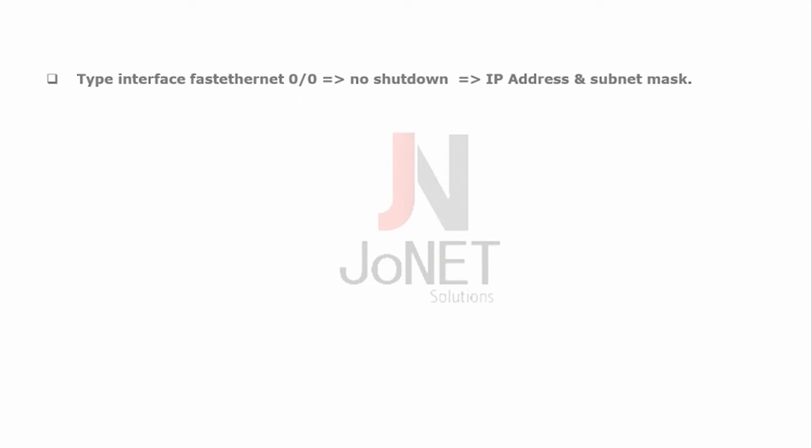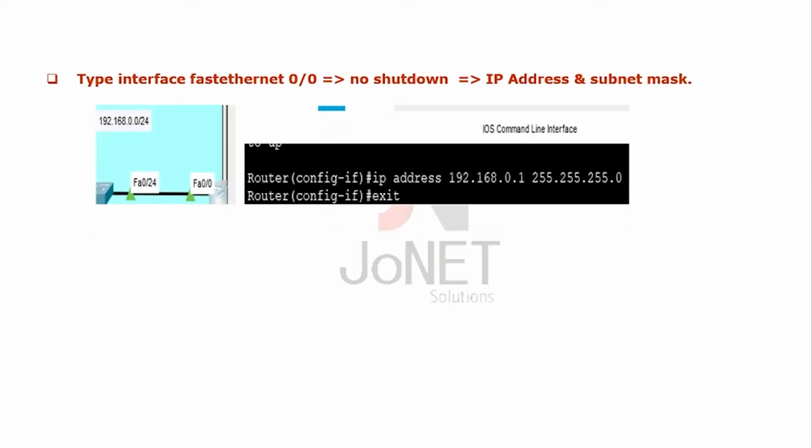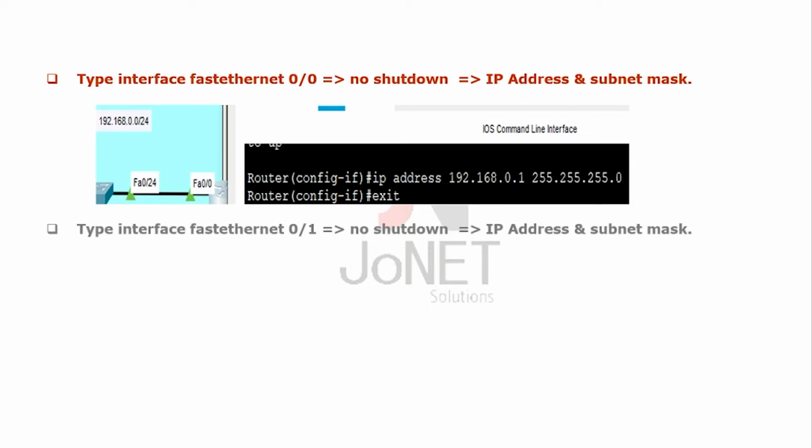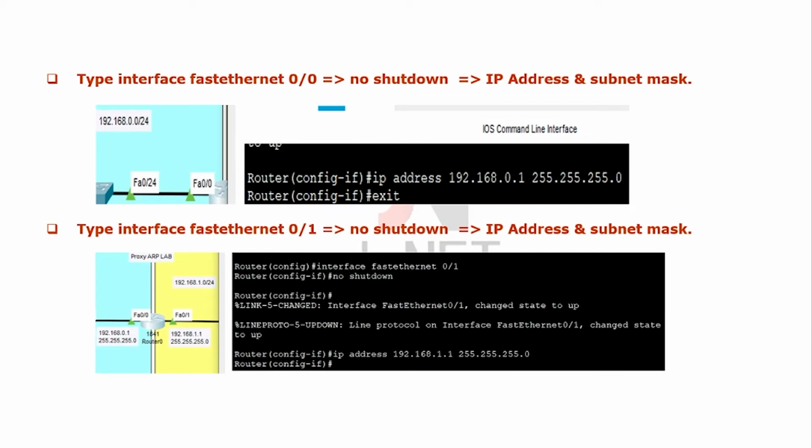Like that, another interface we need to give the another IP address range, that is 192.168.1.1. So two things we need to remember while configuring the IP address in the router. We need to give the no shutdown and the IP address and the subnet mask.